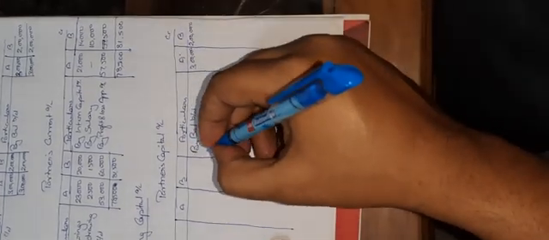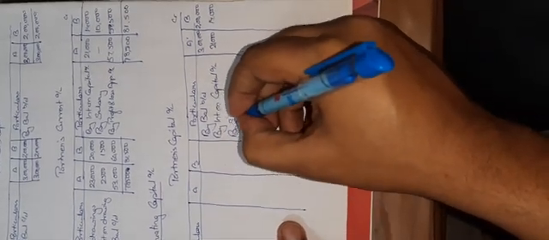So first, by balance brought down, A's balance is rupees 3 lakh and B's balance is rupees 2 lakh. Then by interest on capital account, A received 21,000 and B received 14,000. Then by salary, A hasn't received, B received 10,000.